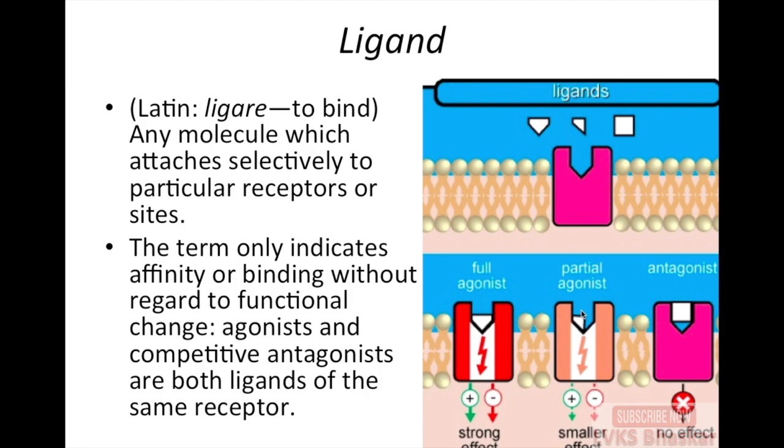If partial agonists come and bind to the receptor or receptor binding site, then you can see a little effect. And if the antagonist binds to this receptor, no effect will be seen.